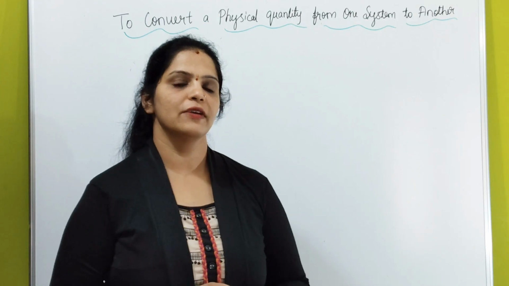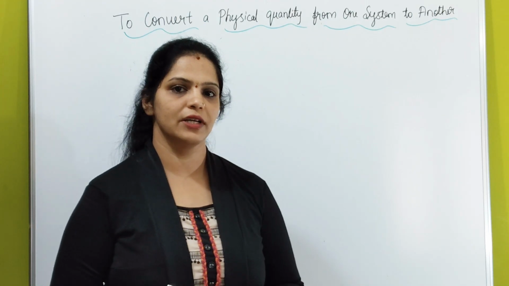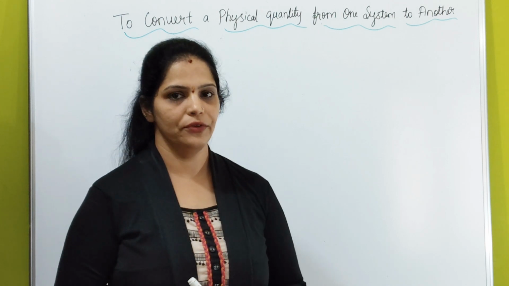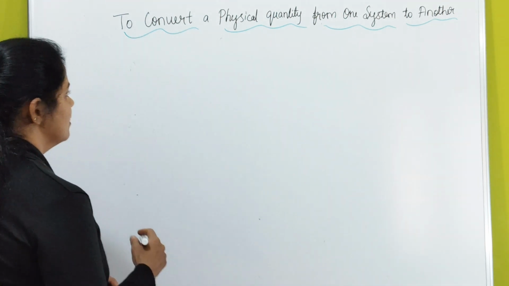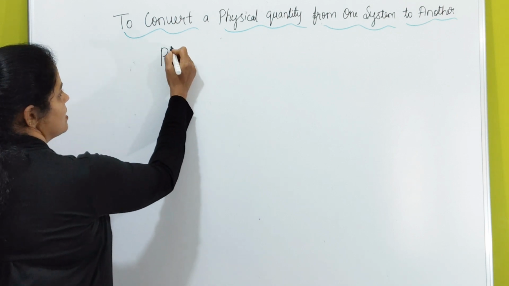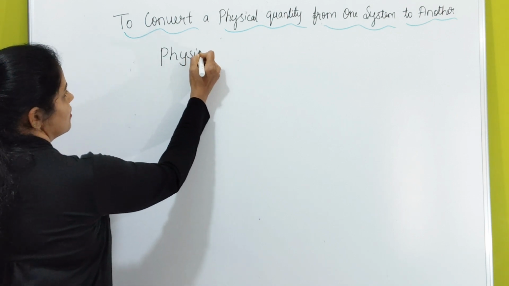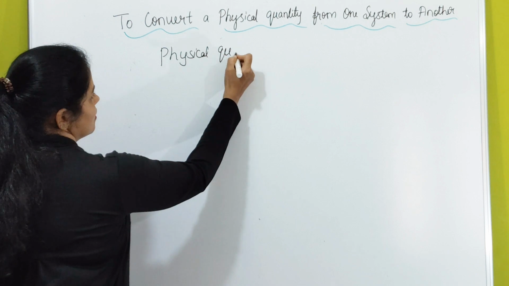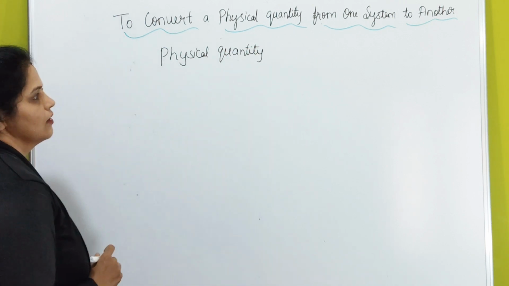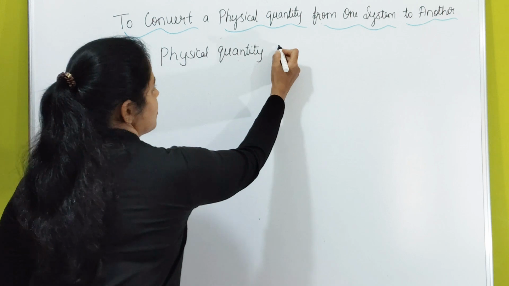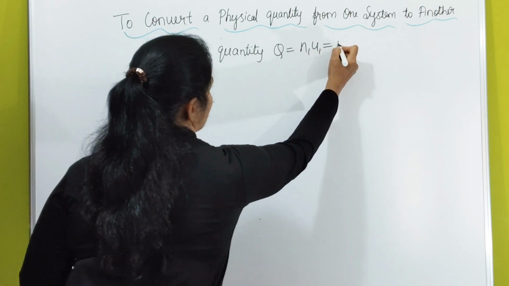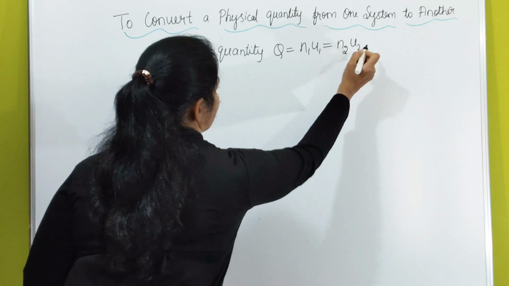Now let us go through the first application, that is conversion of one system of units to another system of units. For that, let us use this concept, physical quantity Q is equal to N1 U1 is equal to N2 U2.